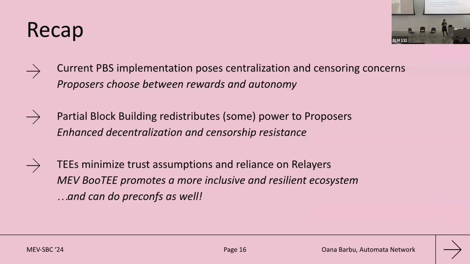And by using a TEE to do partial block building, we are able to minimize the trust assumptions and maybe even remove the relay from the picture. By doing this, we promote a more inclusive and resilient ecosystem, because now anyone with a TEE can become a relayer.